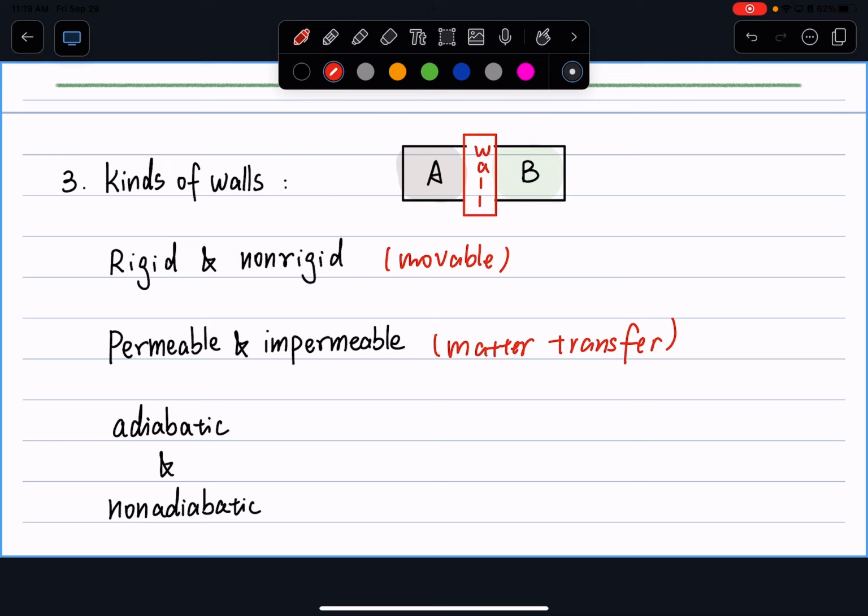Okay. And then the third one is something new, hopefully, for you. It's called adiabatic and non-adiabatic. So these 2 terms we will use extensively in thermodynamics. So an adiabatic wall means that wall does not conduct heat.